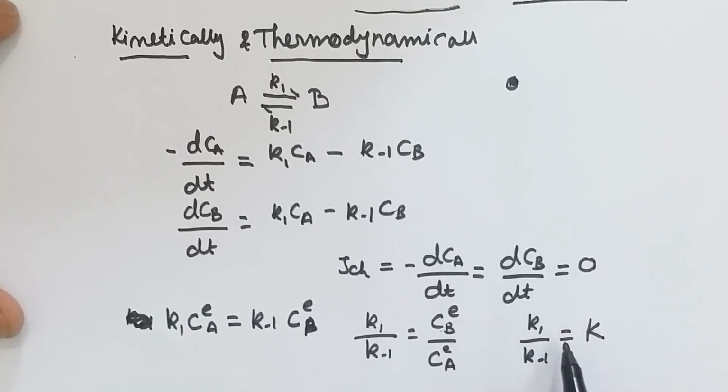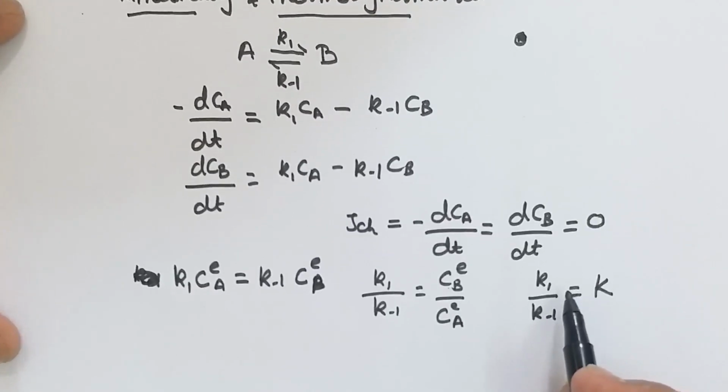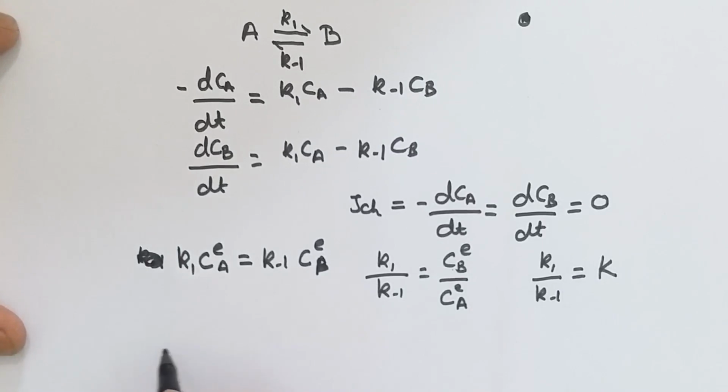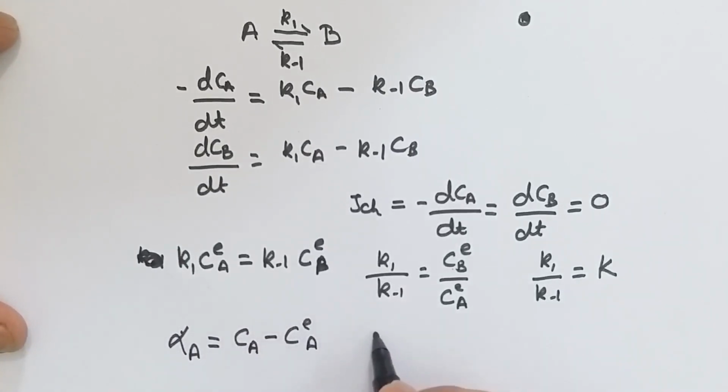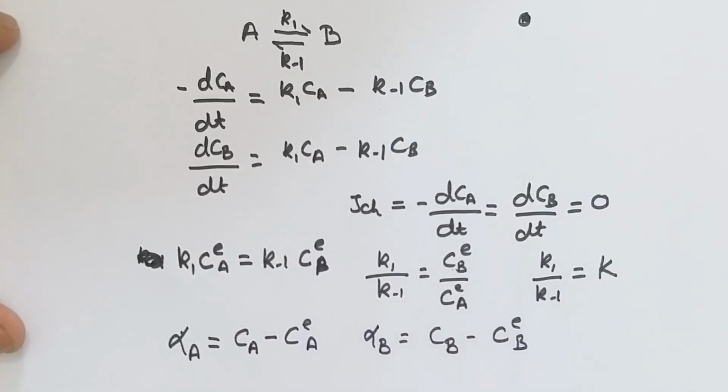which refers to this ratio. Now suppose we consider that alpha is the extent, then alpha A at any particular time we may write as CA minus CAE, and similarly alpha B we can write as CB minus CBE.